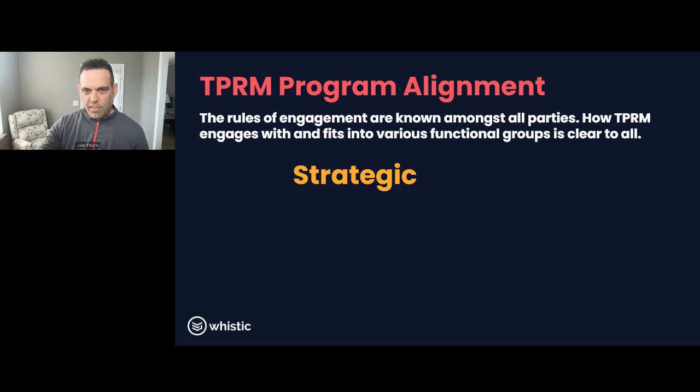The flag's planted, but actually getting senior leadership to support in the right ways and communicate that out to the organization definitely takes time. So Tom, anything you want to add on achieving alignment at the strategic organizational level?